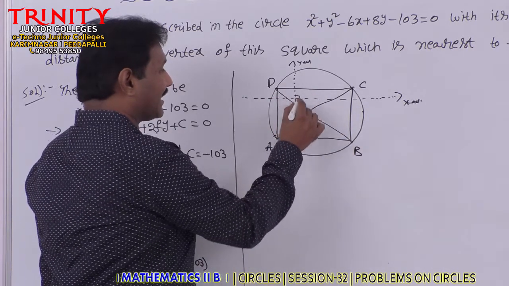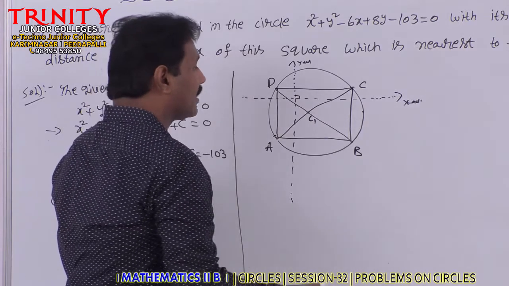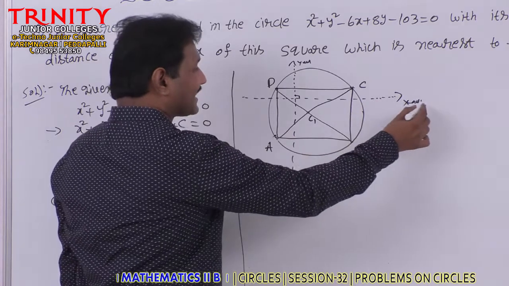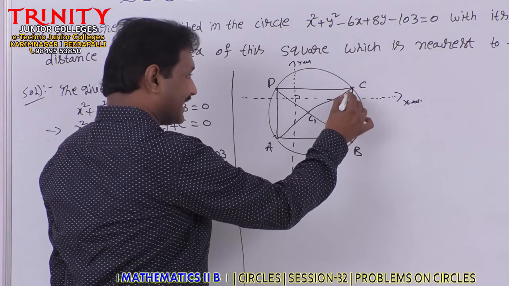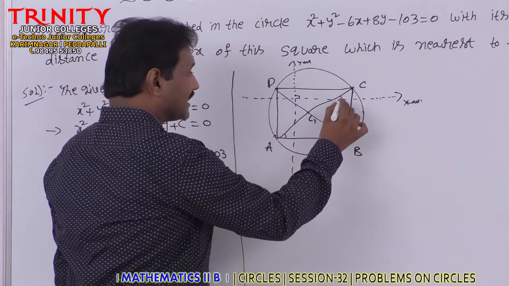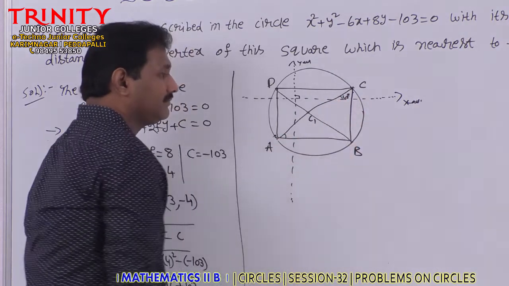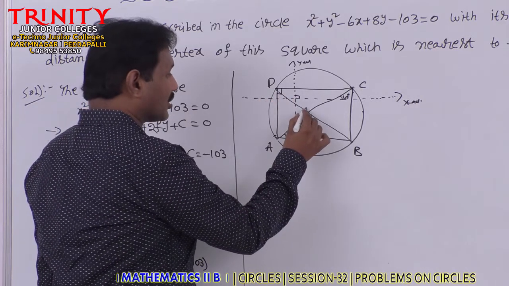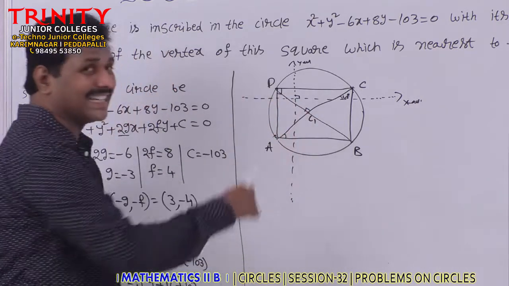This forms a right angle. This forms a right angle. Therefore, this is 90 degrees, this is 45 degrees, this is 45 degrees. These two are perpendicular, these two are perpendicular, and also these two are perpendicular because it is a square.